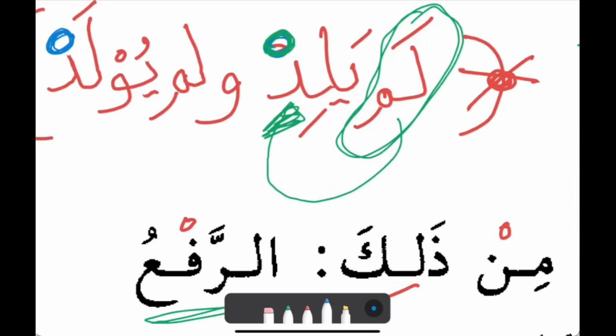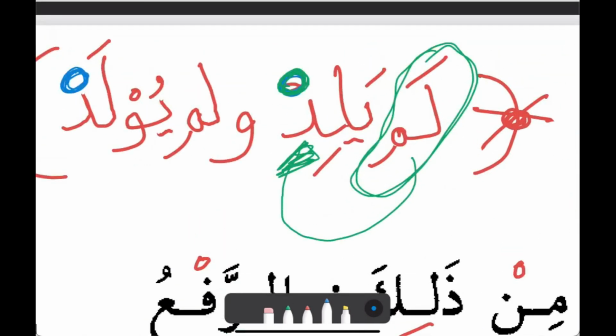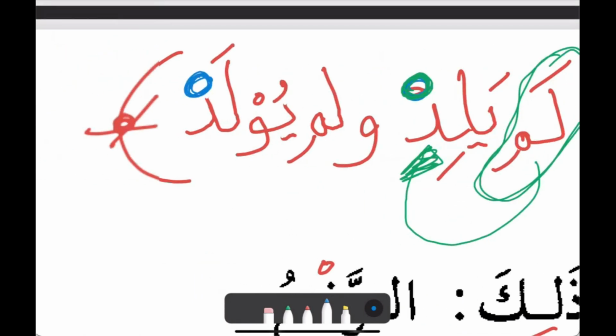Taqdiruhu, the estimation of that pronoun is huwa, he. Yalid, ay huwa. Lam yalid wa lam yulad, and then wa lam yulad, same thing, same i'rab. Just going to add the wow though. Wow, harf atuf, conjunction particle.